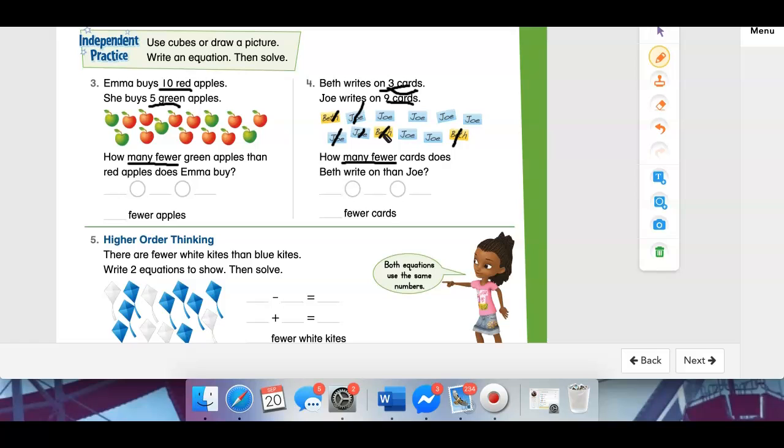Beth only wrote on 1, 2, 3 cards, so I crossed out 3 of Joe's cards to equal how many Beth wrote. But he still has all of these left over. So how many fewer cards does Beth write on than Joe? You can look at our numbers and how many cards we had left over.